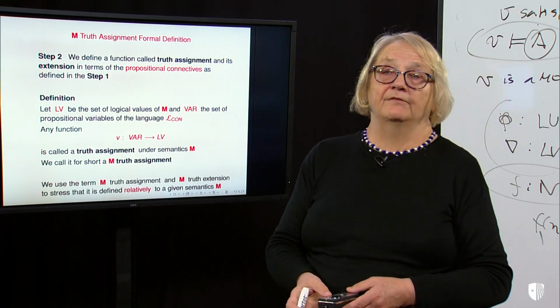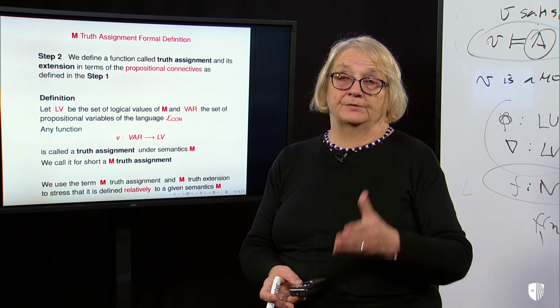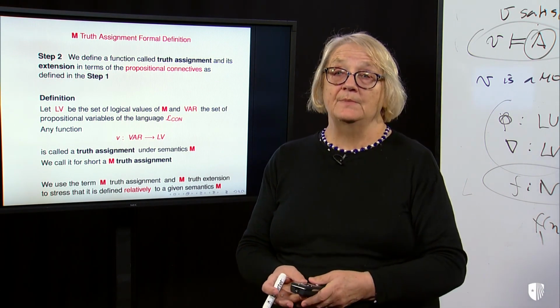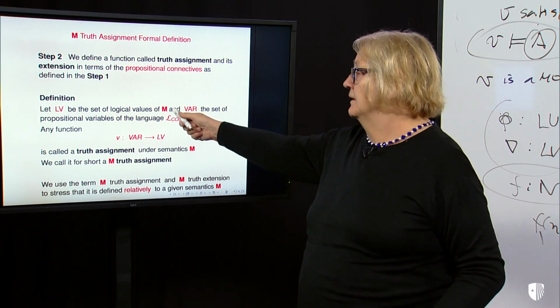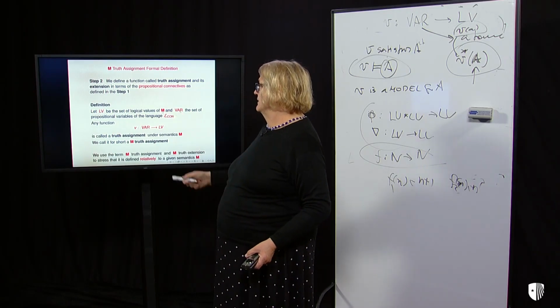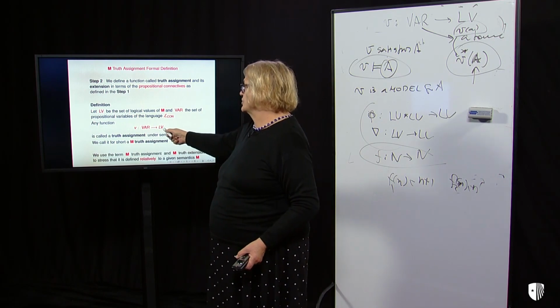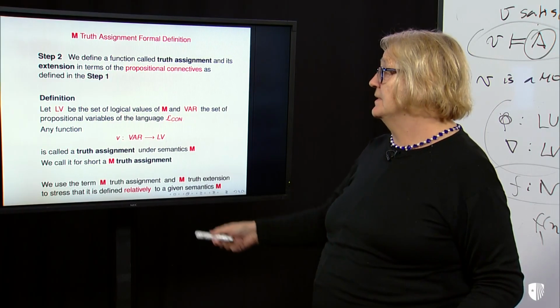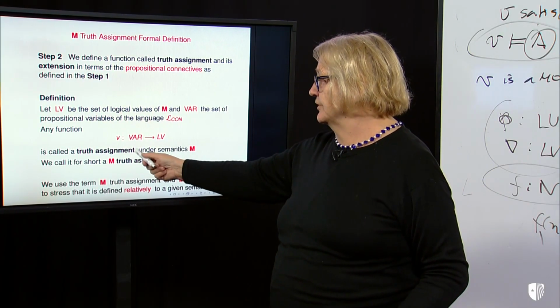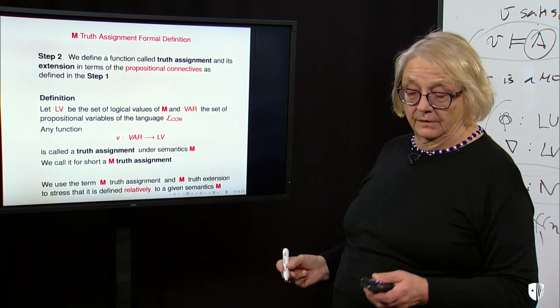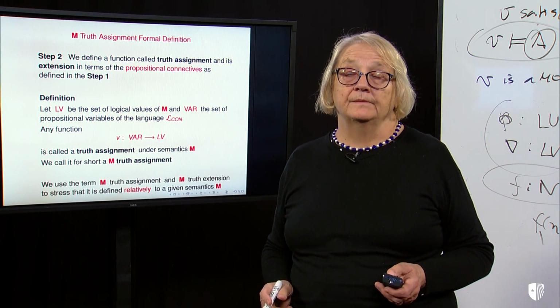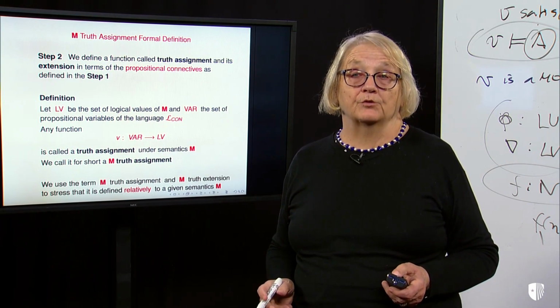Now we have variable assignment, which I already mentioned. M is the set of logical values of the semantics M. The truth assignment is always a function from variables to the set of logical values.